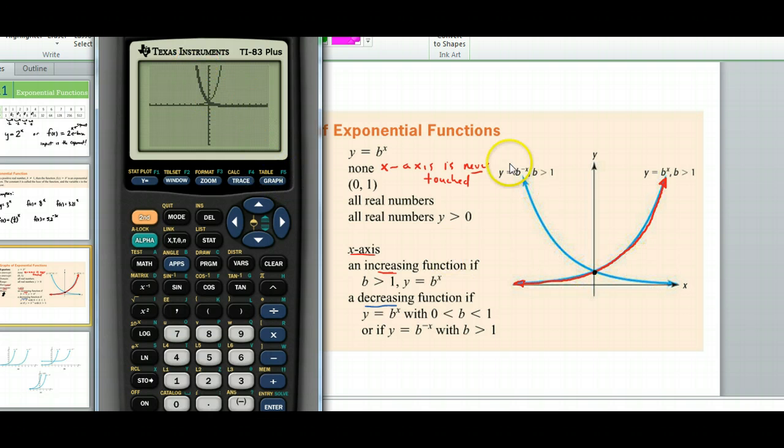So a negative exponent will flip that thing around the y-axis, which is what we've seen before. That negative input, when we negate the input, we flip around the y-axis. So that's what's going on there with the graph. But anyway, either one of these will cause this thing to be decreasing. If your base is between 0 and 1, or if your exponent is negated and b is greater than 1, then we flip around that y-axis.